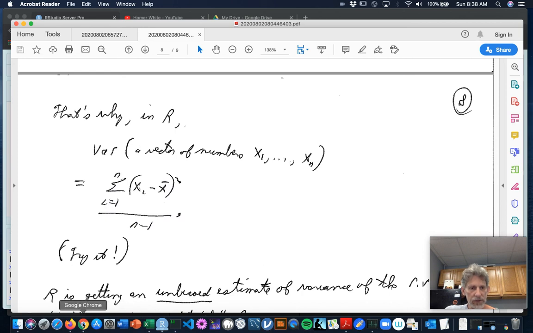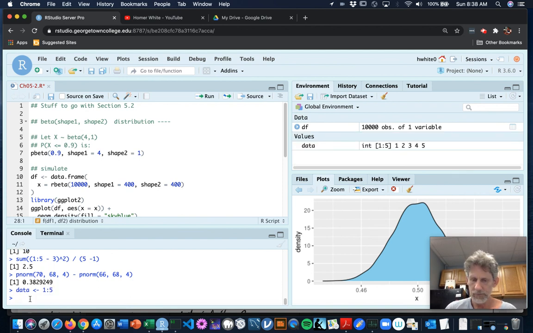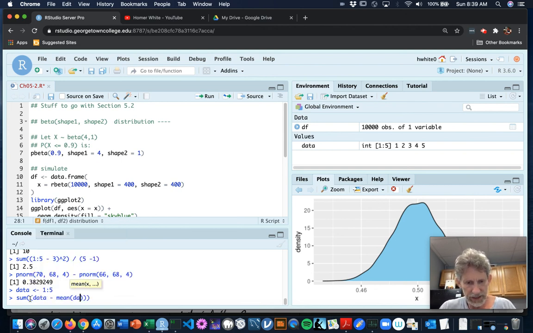So let's just give it a little bit of a try. Say my data is the numbers 1 through 5. And if I were to compute the sum of the data minus the mean of the data, squared, and divide that by how many data points there are, well, data there is the numbers from 1 to 5.